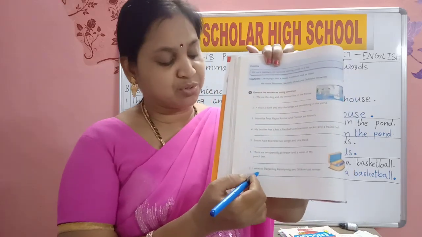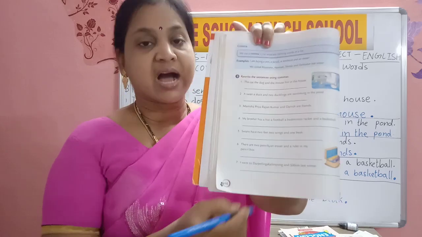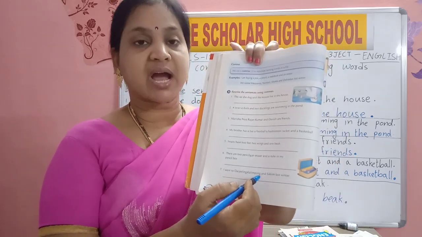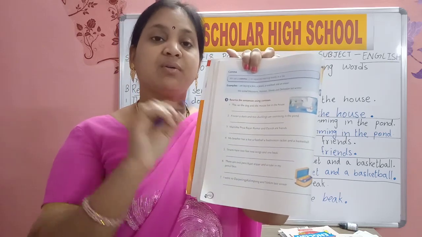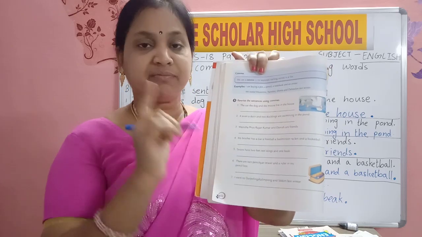So, I went to Darjeeling. After Darjeeling you will put a comma. Kalimpong and Sikkim. Yes, Kalimpong and is given to separate Sikkim, so only one comma.